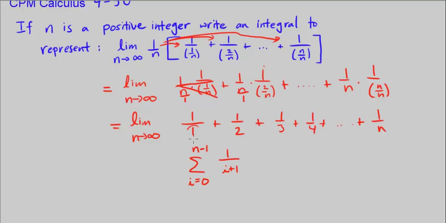When I is 0, we get 0 plus 1, which is 1. When I is 1, we get 1 plus 1 is 2. Then when I is 2, we get 2 plus 1 is 3, all the way through n. And that's equal to the limit, we still have the limit as n approaches infinity out here.